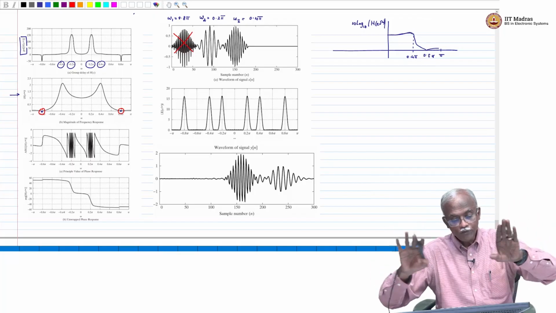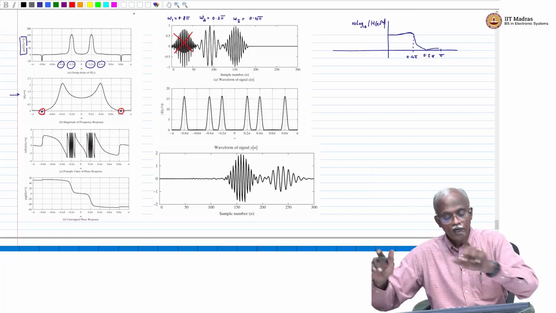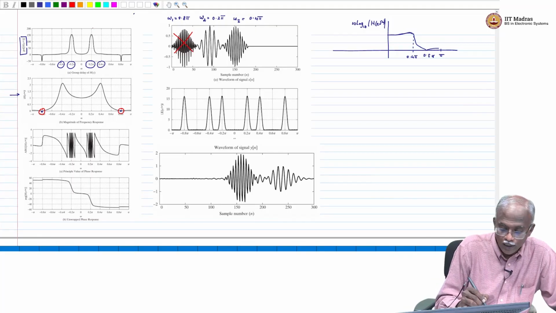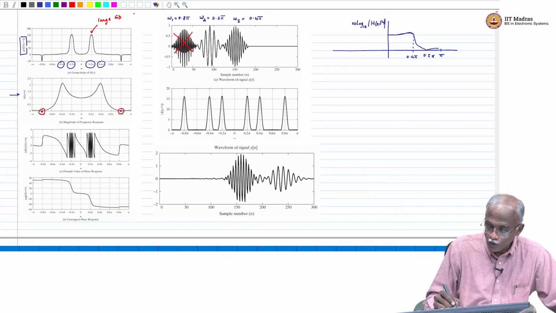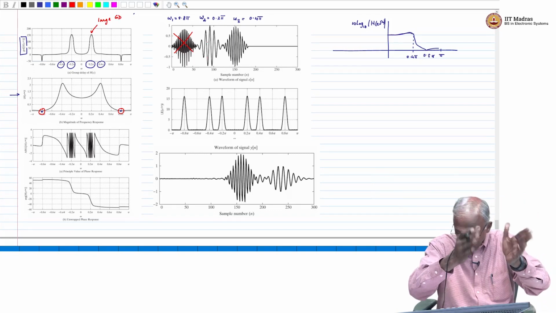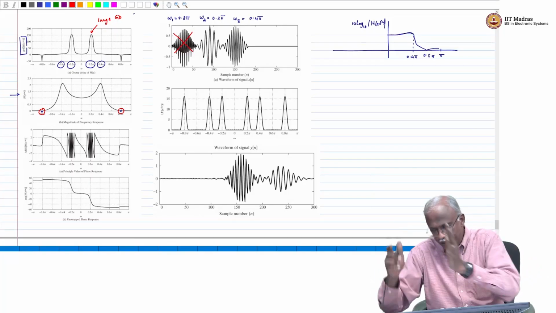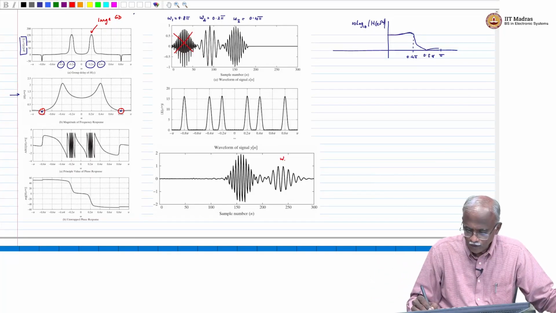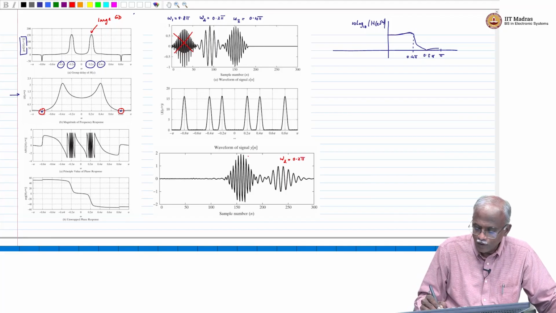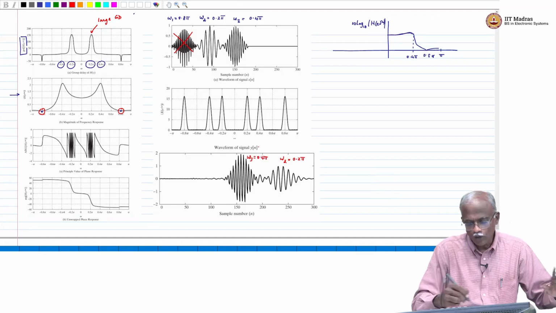0.2 pi and 0.4 pi will go through, but notice that 0.2 pi has got a large group delay. So though 0.2 pi occurs earlier in the input, in the output it will come later. Omega 2 equal to 0.2 pi comes later, and omega 3 equal to 0.4 pi appears earlier because of the group delay.